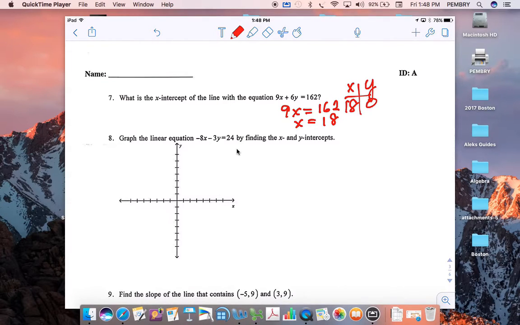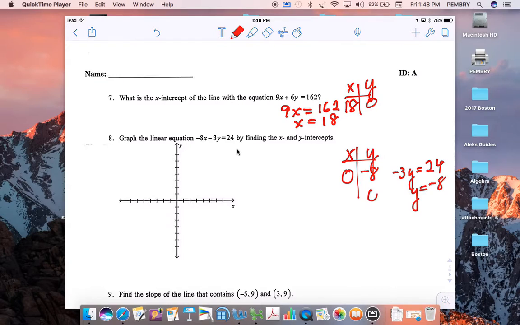On this one, to find the x and y-intercepts, we could let x be 0. When x is 0, we get -3y equals 24. So y would have to equal -8.